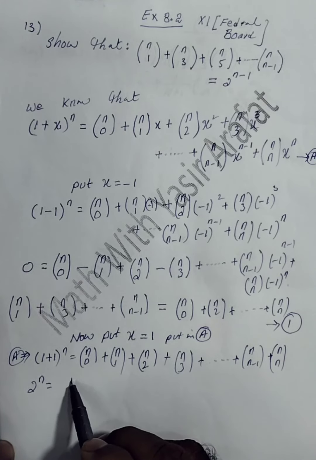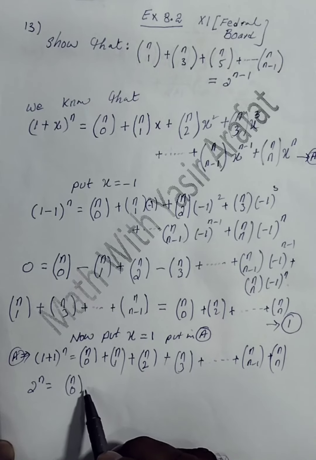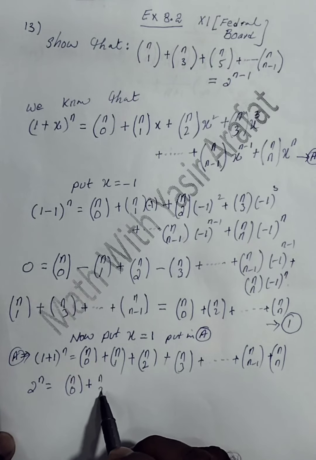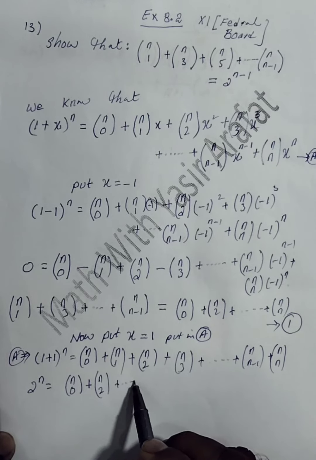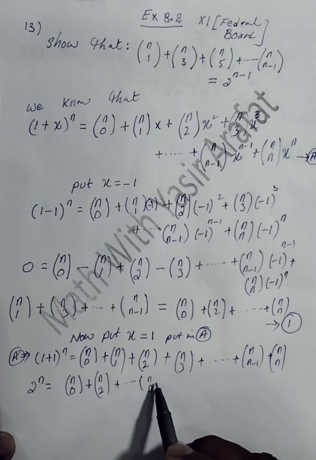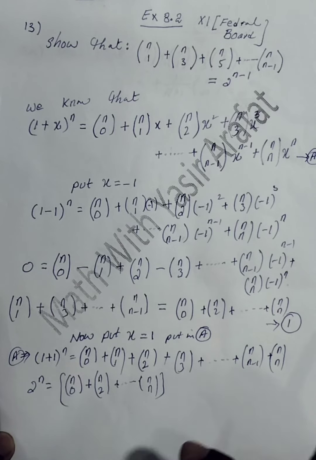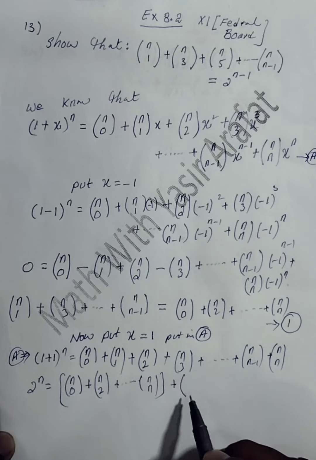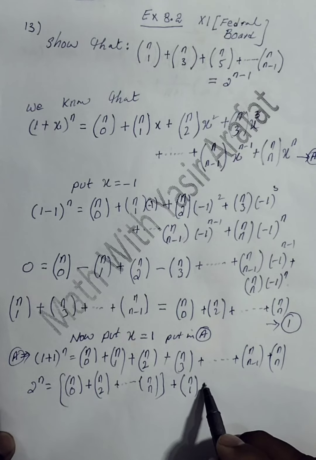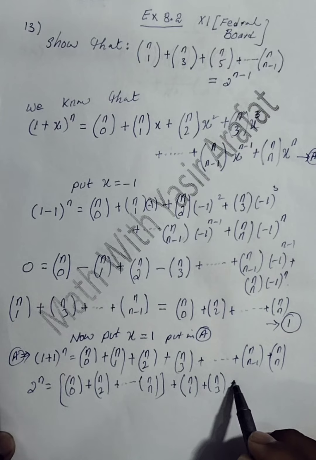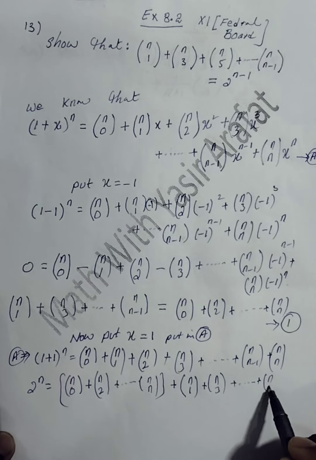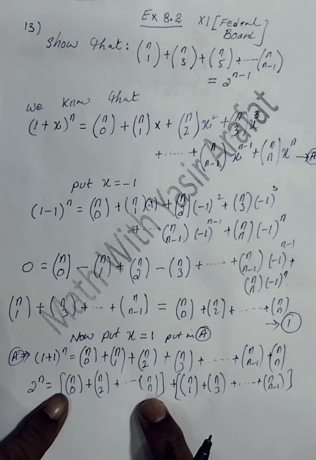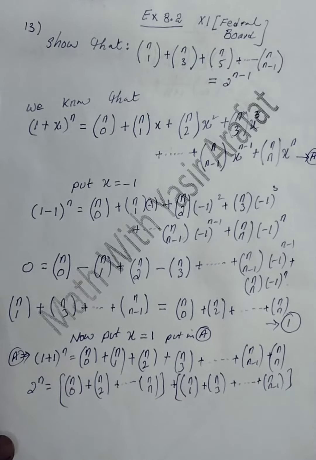So this is nC0, nC2, and so on, nC n. We just separate the terms which are even, 2, 4 and 6, and the odd ones, nC1, nC3, and so on, up to nC(n-1). So we separate this set of terms and this set of terms.